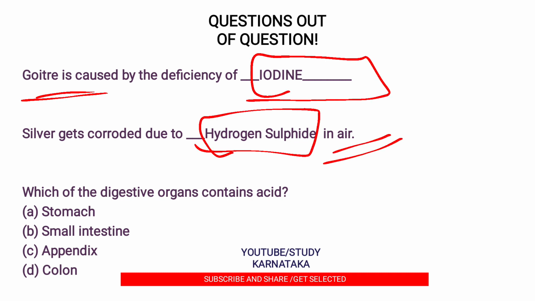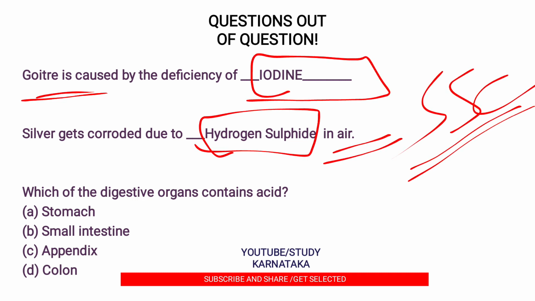Do remember, silver gets corroded due to hydrogen sulfide in the air. These are the questions that have been asked in SSC examination, and this can be repeated directly in KEA or KPSC examinations. Next, the question is, which of the digestive organs contain acid? Options are stomach, small intestine, appendix or colon. Here the answer is A, that is stomach.